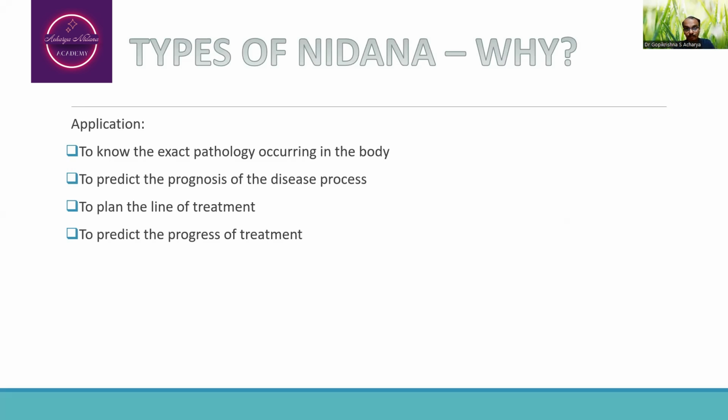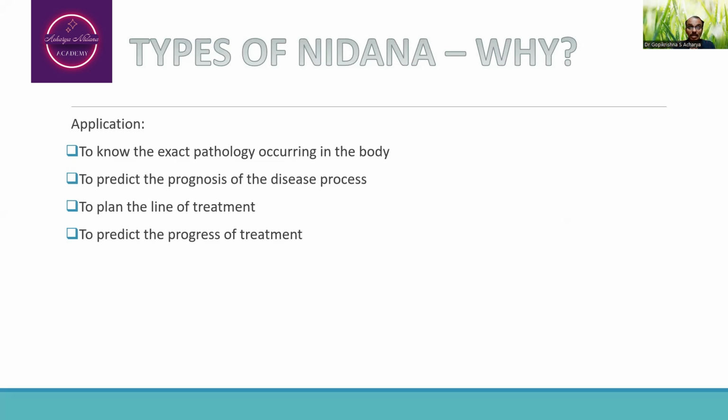The next point is to predict the prognosis of the disease process. Naturally, if fewer pathogens are present, the prognosis of the disease will be comparatively good. If more pathogens are present in the body, the prognosis will be comparatively bad.